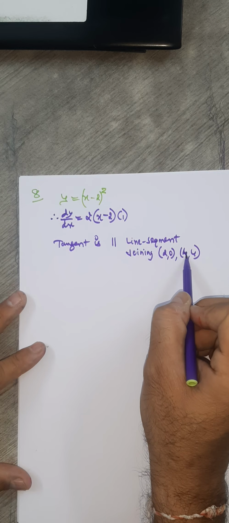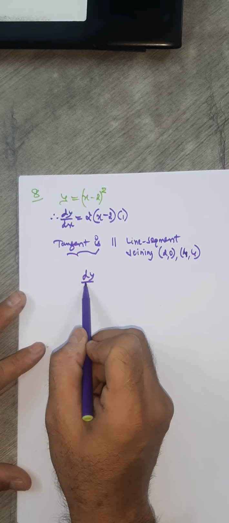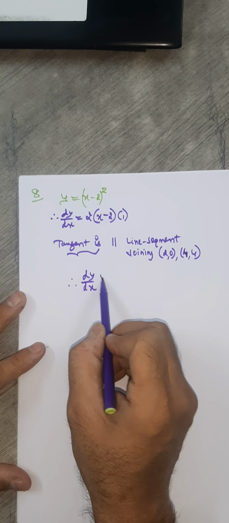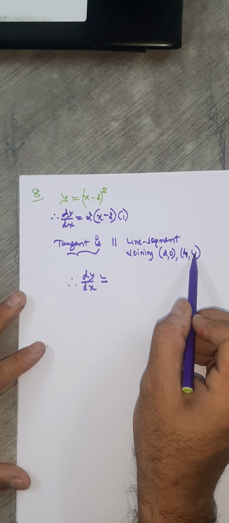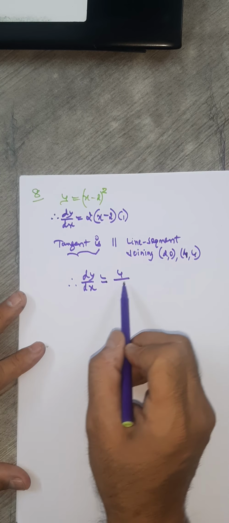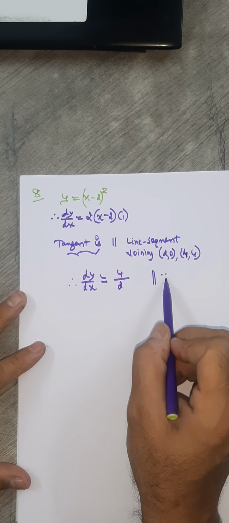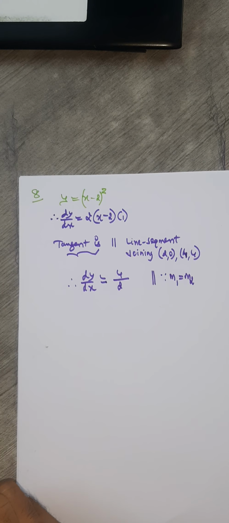What is the meaning of this? It means the slope of the tangent, which is dy by dx, is equal to the slope of this line. How do you write the slope of this line? y2 minus y1, which is 4 minus 0, upon 4 minus 2, which is 2. So which concept have we used? m1 equals m2.